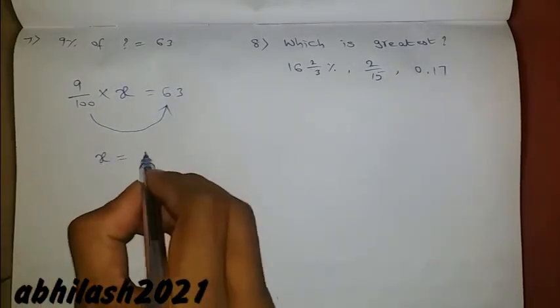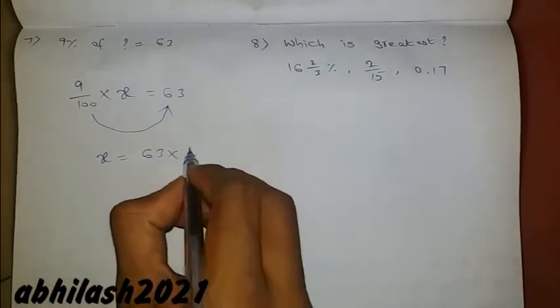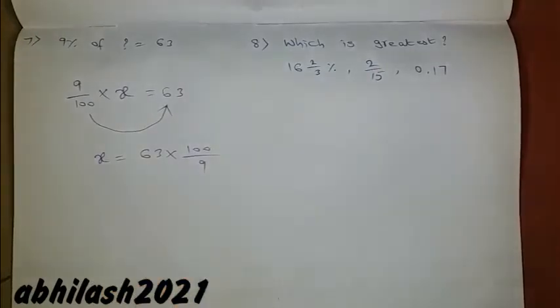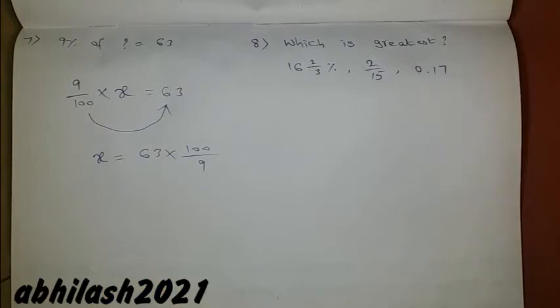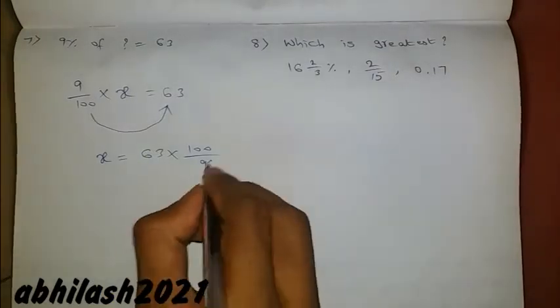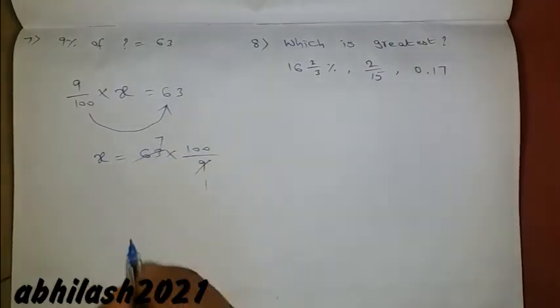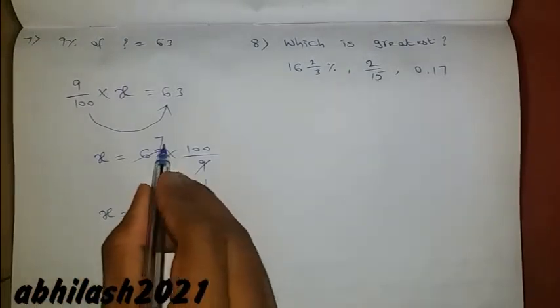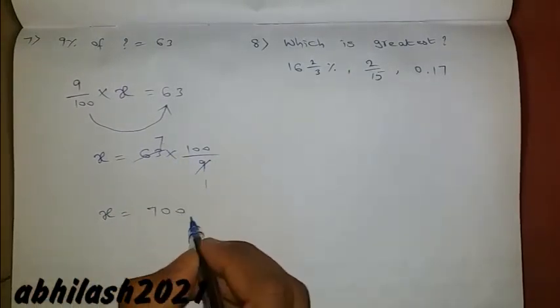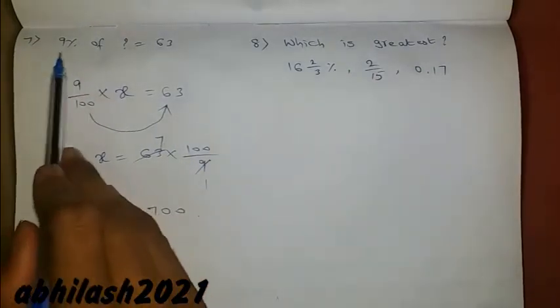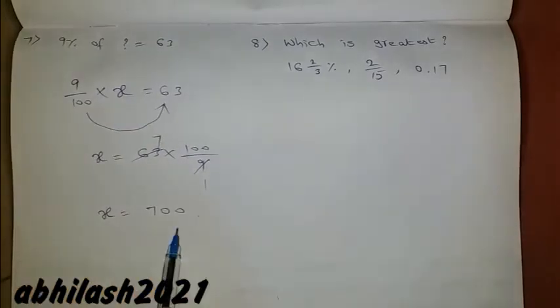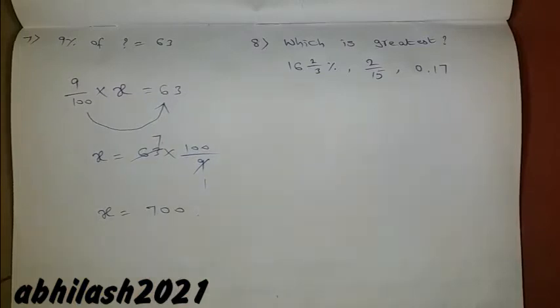So x is equal to 63 into 100 by 9. So we will get 9 ones are 9, 9 sevens are 63. So x is equal to 7 into 100, 700. It means 9% of 700 is 63.